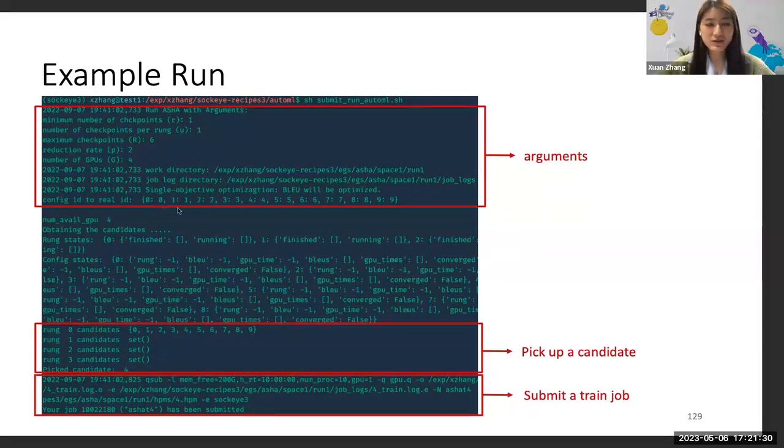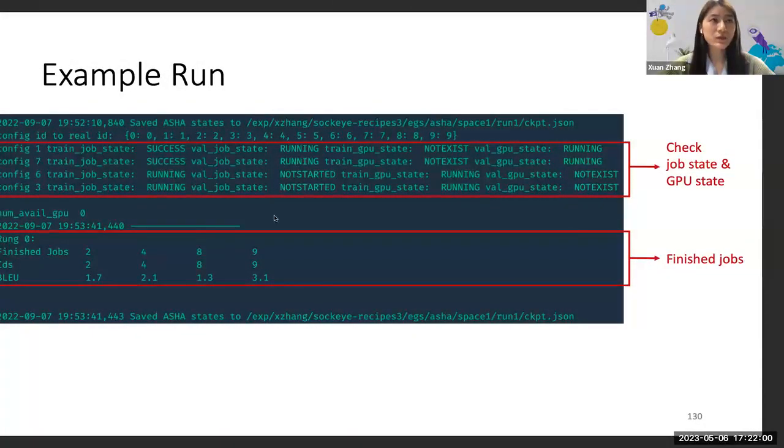Here our search space consists of 10 hyperparameter configurations. At run 1, we start with 10 configurations, and the program autonomously determines which candidates should be promoted to run 1, and we submit the train job to the grid.